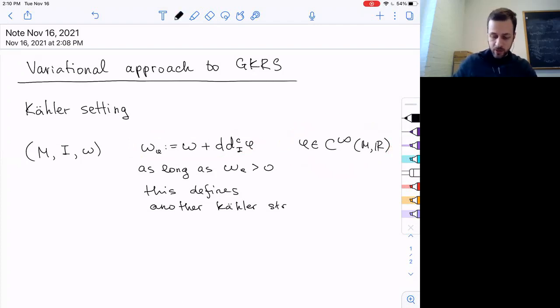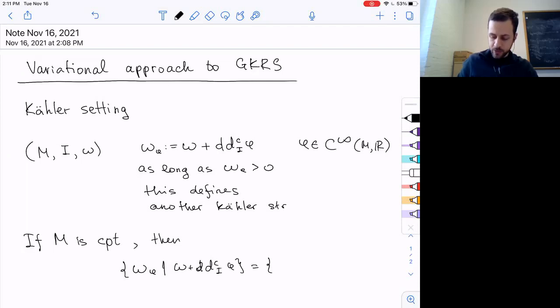And specifically, if M is compact, then the set of forms which you can produce this way coincides with the set of Kähler forms which represent the same class in cohomology as the original one.